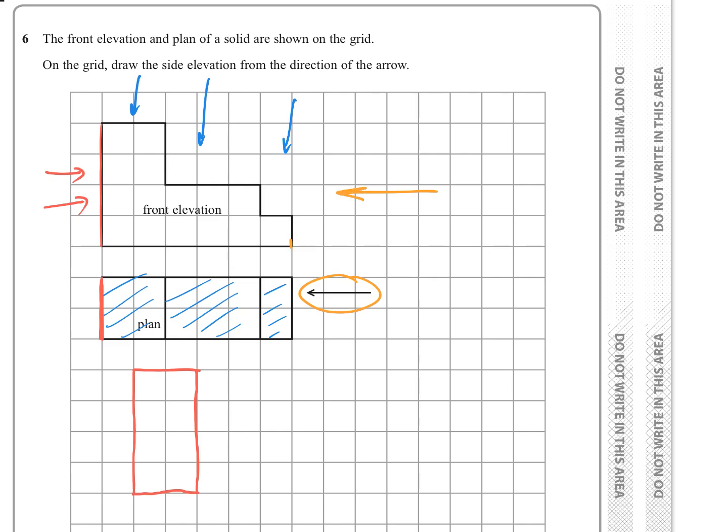So you'll have to step it up each time. So 1, and then 1, and then you've got your 2 here. So I would draw my finished diagram like so. Okay, so be careful, you can lose marks easily, as I nearly did there.